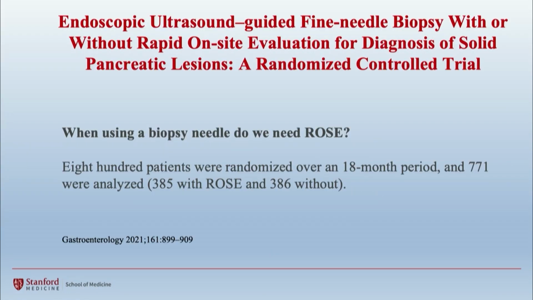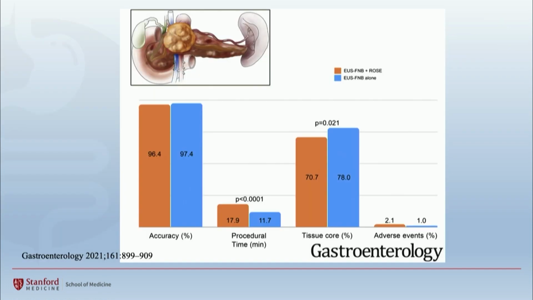Moving to EUS-guided fine needle biopsy, do we need ROSE when we're using EUS fine needle biopsies? We moved to using these biopsy needles instead of fine needle aspiration. In this randomized controlled trial, it didn't show a difference in accuracy between using a biopsy needle with or without ROSE. ROSE is rapid on-site evaluation, where you have the cytopathologist coming down and giving you an idea of whether you have an adequate sample or not.